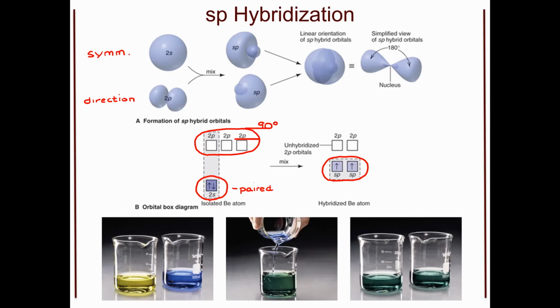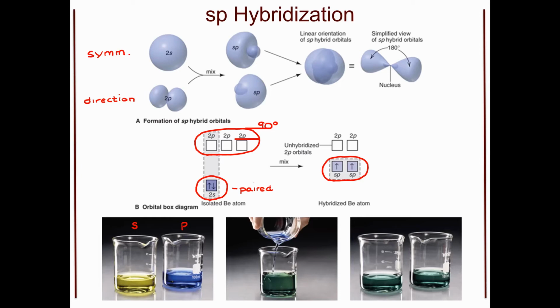At the bottom, you can see some colored beakers. This was a visual demonstration done in the late 80s and early 90s to help you understand what they typically call orbital contribution. Let's say that our yellow one is going to be our s orbital. Our blue one is going to be the 1p orbital we're going to use. And as you can see, once we mix them, we get a fairly good green color.